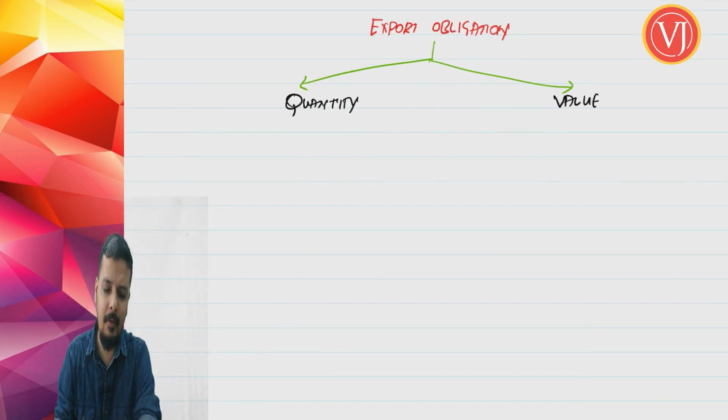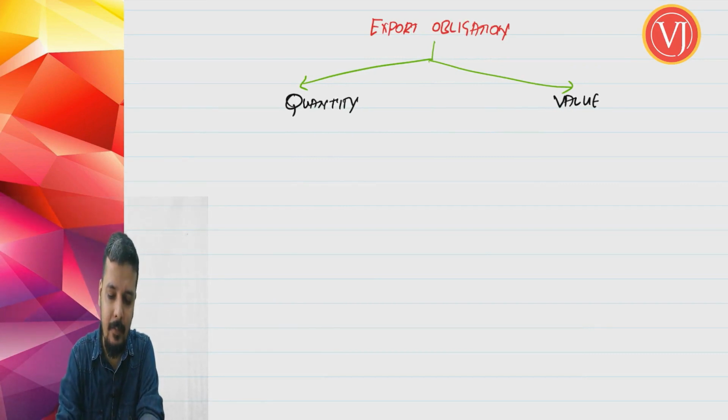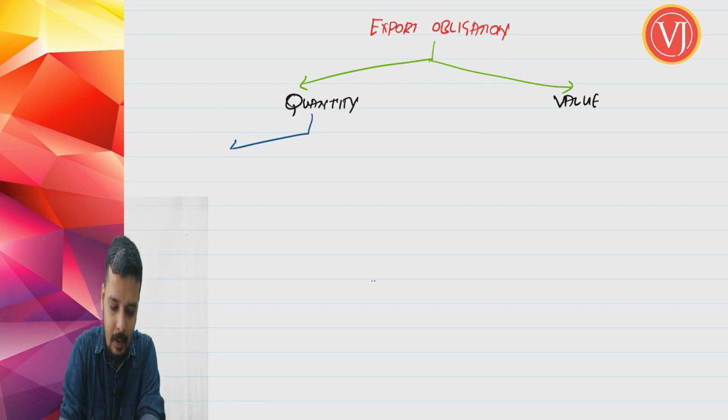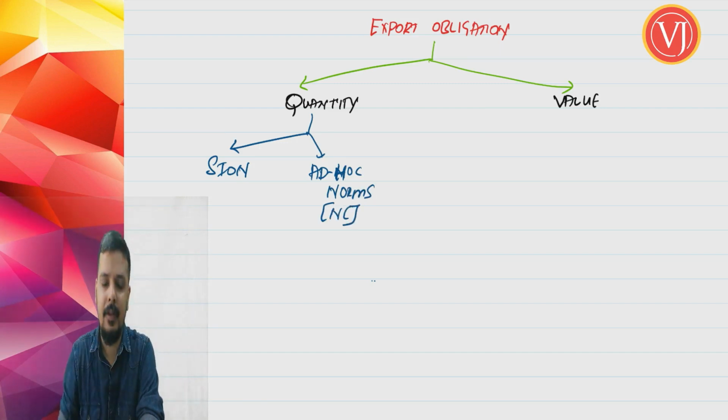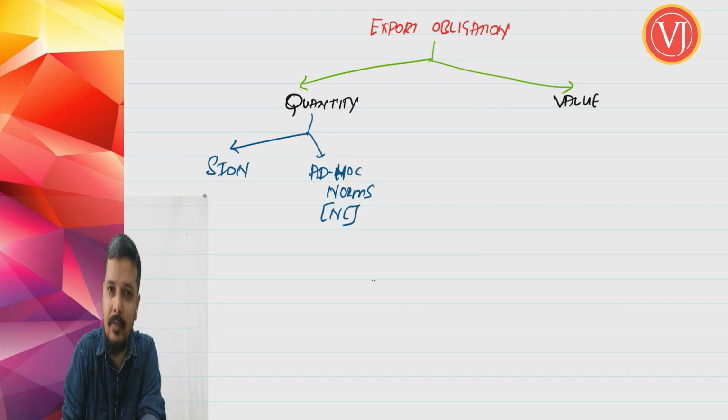Now friends, fulfilling your export obligation in terms of quantity is quite simple. In terms of quantity, you have to follow your standard input output norms. If not, you have to go with ad hoc norms specifically given to you by the norms committee. Your standard input output norms are already issued by your DGFT.